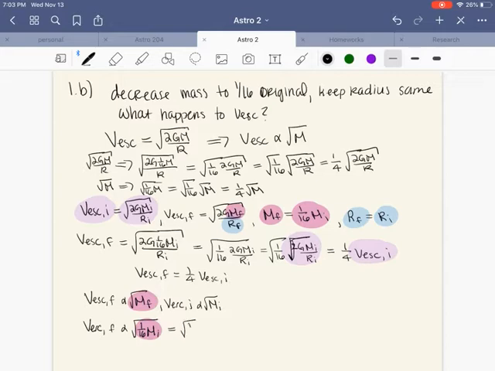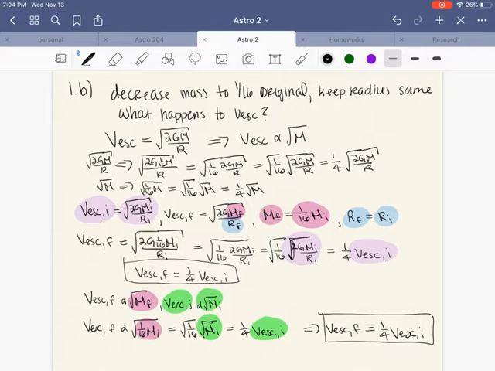I'm going to put this 1/16 in its own root, and then I've got 1/4 V escape initial. Again, I get the same answer as before, that my V escape final is equal to 1/4 V escape initial. So all these different ways give you the same answer, and you can do any of them as long as you get the right answer out.